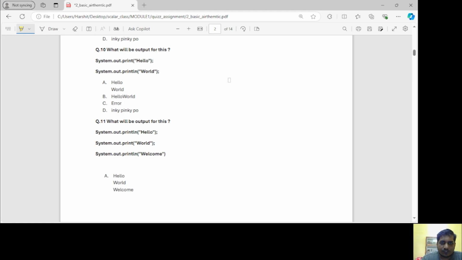Here in question number 10, we see that the print is given, but the next line indication is not there, so it's the same line. The hello will be printed, but the ln is not given, so the cursor will not move to the next line, and the world will be printed in the same line. So here the hello world will be printed in the same line.